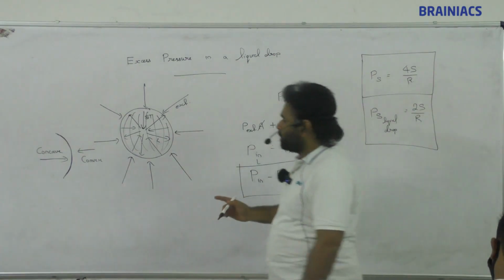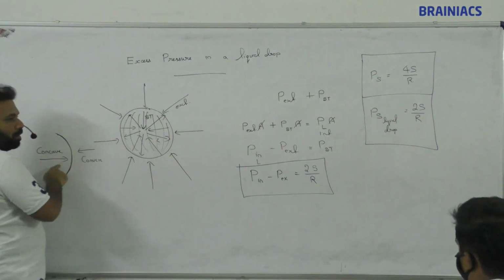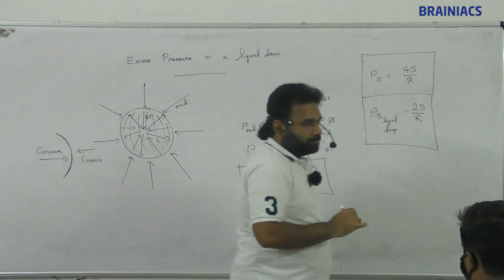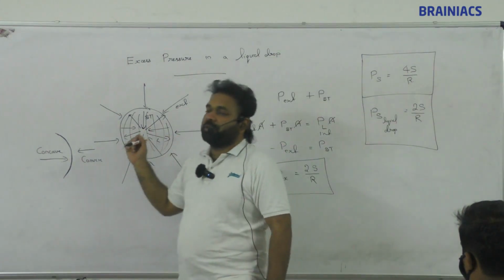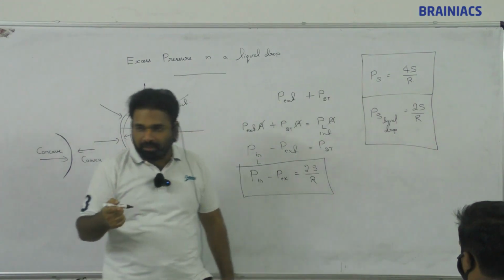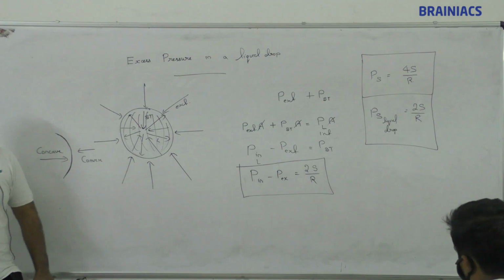So in the concave side, we are having excess pressure. Actually, that is the reason it has this shape. On the concave side, we will have excess pressure of 2S by R.